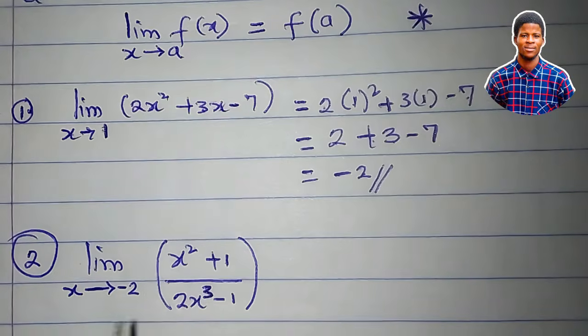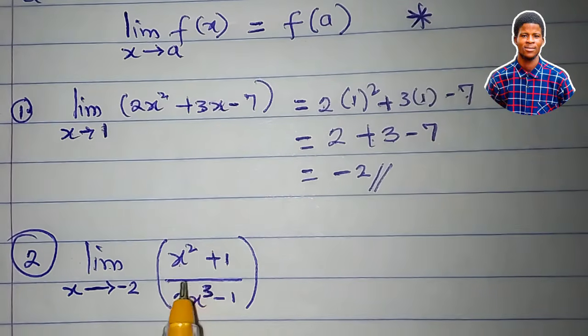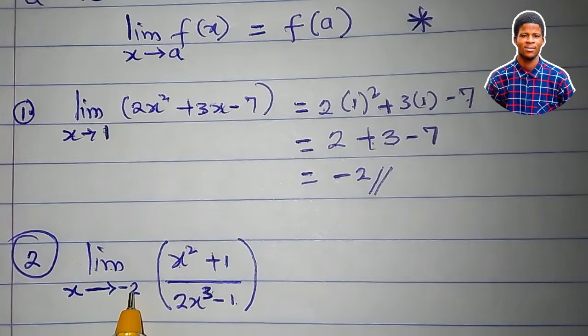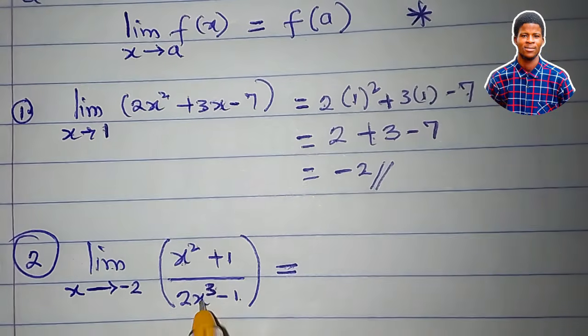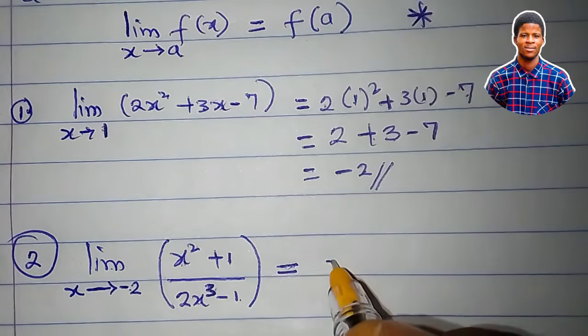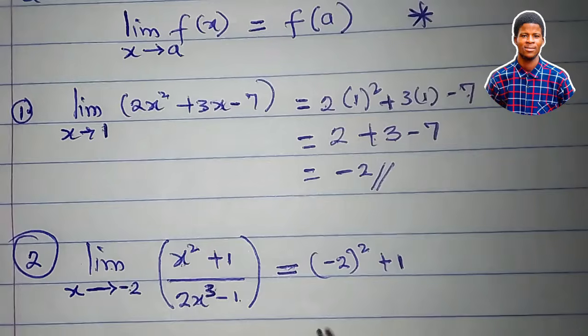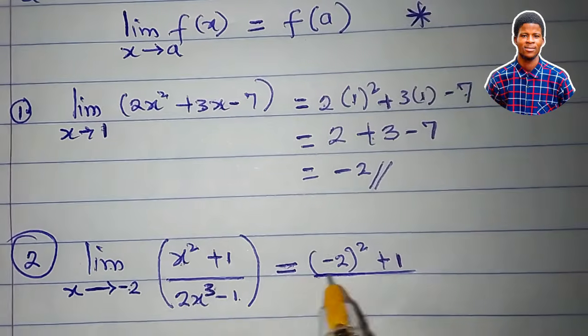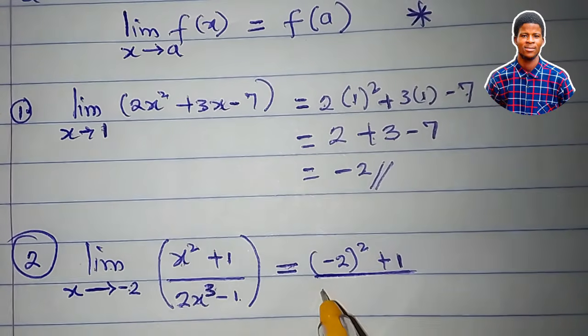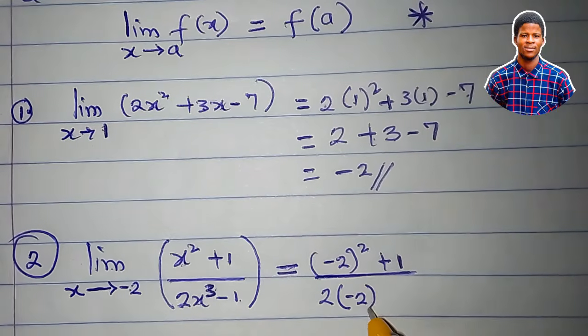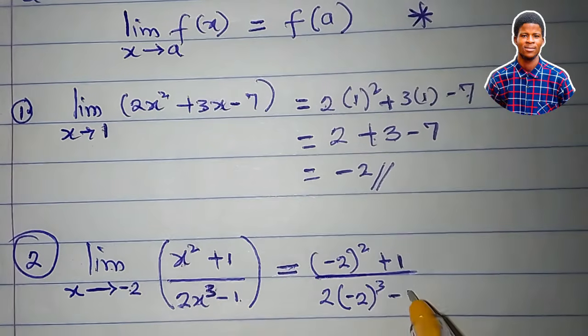So what is the limit of this function, x squared plus 1 all over 2x cubed minus 1, as x approaches minus 2? In place of x here, I'm going to put minus 2. Minus 2 all squared plus 1 all over 2 times minus 2 to the power of 3 minus 1.